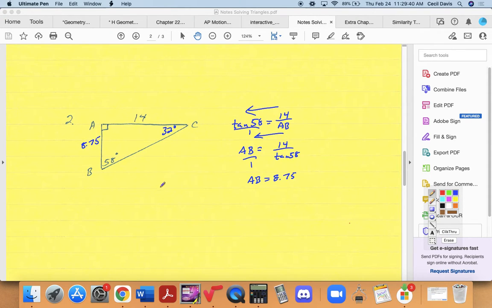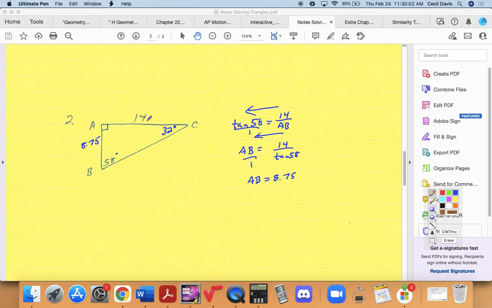Again, you could, I suppose, try and do the Pythagorean theorem and find AC or BC that way, but that's a bad idea because you've rounded this off. You're likely to get round-off error, especially if you're squaring something. That kind of makes the error worse. Okay? So I would just go, okay, that's the hypotenuse.